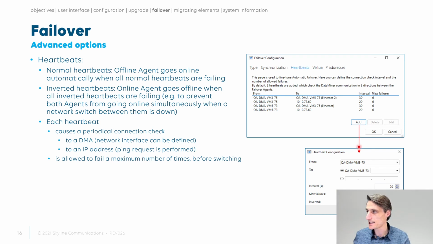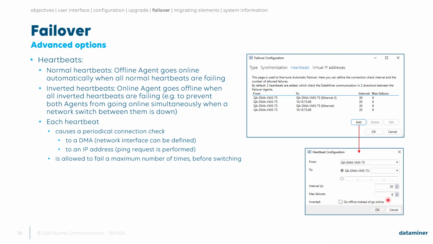So if you add a switch or a heartbeat there, you can add from any of the two DataMiner agents to the other agent, or to an IP address of a switch, a core switch, or a domain controller, a certain heartbeat with a specific interval or max failures configuration as well. And that's where you go with the go offline instead of go online option.